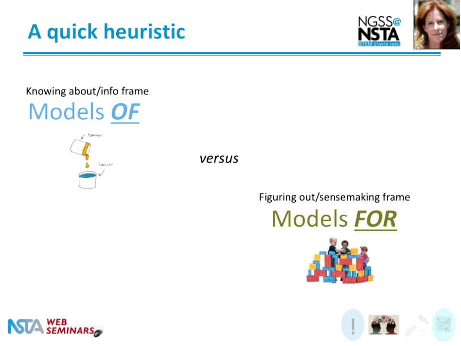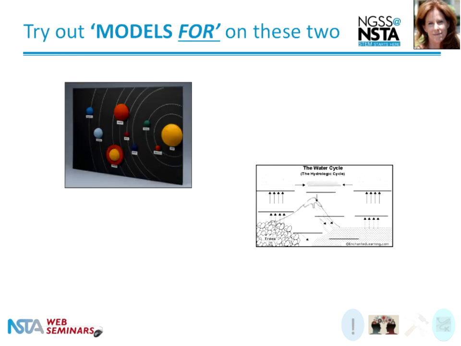So we might have a model in our classroom, but we're teaching kids about that model, versus when we can say what the model is for, and that for phrase has to be linking it to a phenomenon in the world that we're wondering about, then all of a sudden we've transitioned into more of a sense-making frame. And we can position students as the agents of their learning in that way.